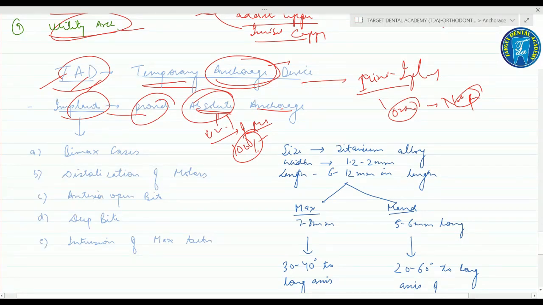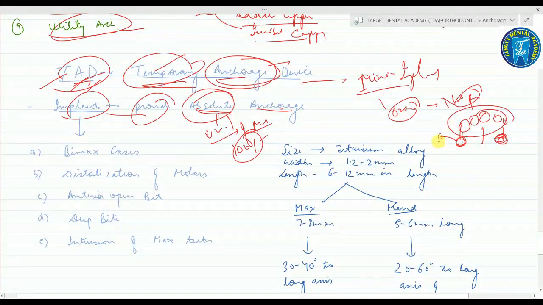Our basic purpose of using the implants is to provide anchorage when all the 6 anteriors get retracted and close the extracted space. Then we just remove the implants. That is why we call it a temporary anchorage device. When we achieve the total retraction of all the 6 teeth into the first premolar space, we remove the implants.